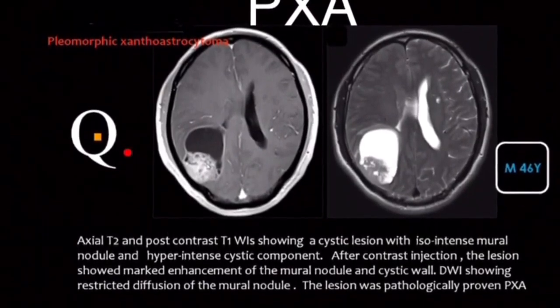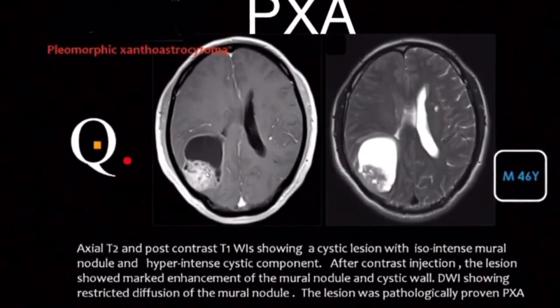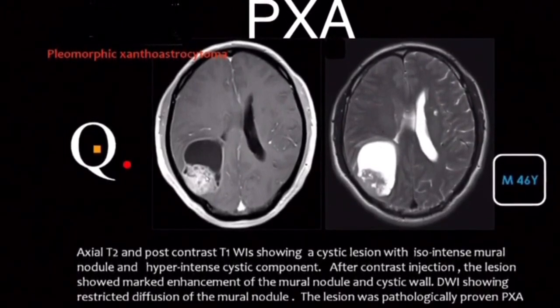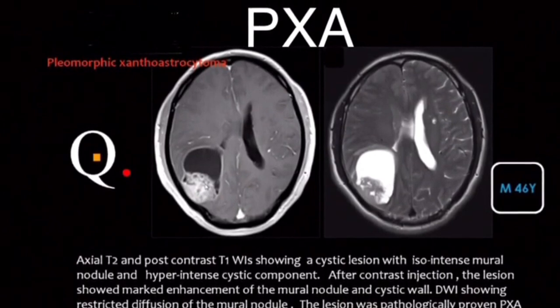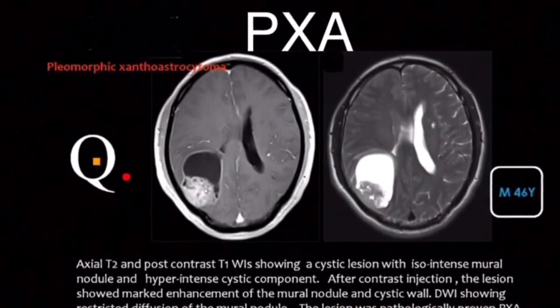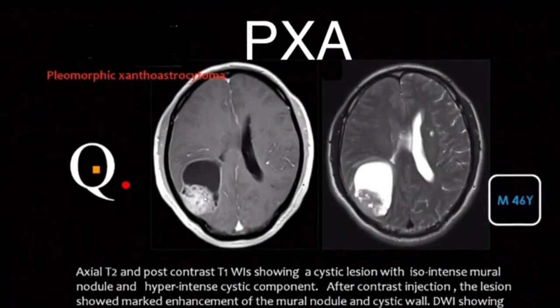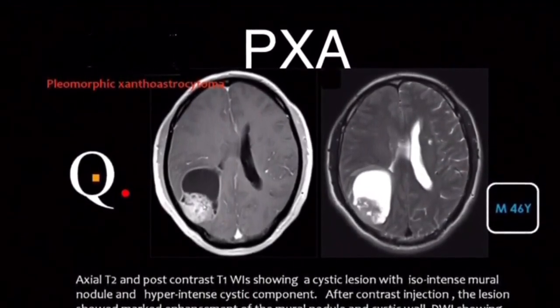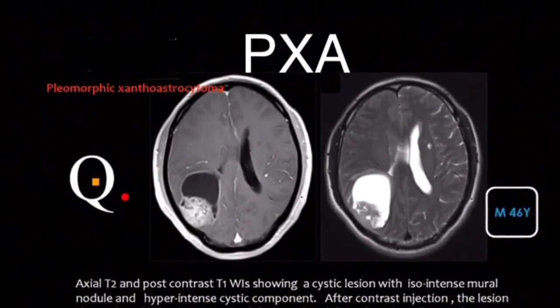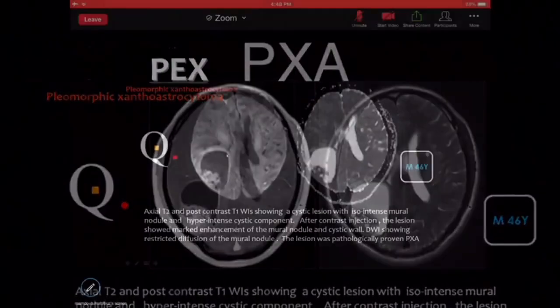Then the remaining two differentiating points are, number one, the non-homogeneous enhancement of the solid component, which favors PXA. And number two, the MR spectroscopy of the solid component, which will not show the presence of NAA in cases of meningioma, but NAA will be present in the nodule of the PXA.